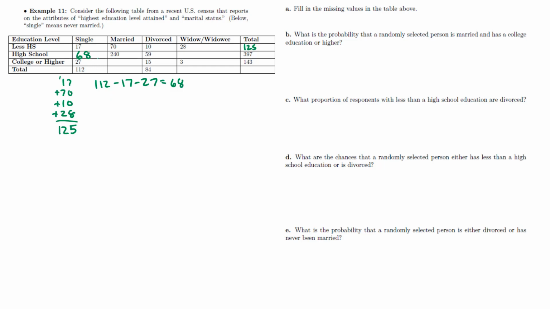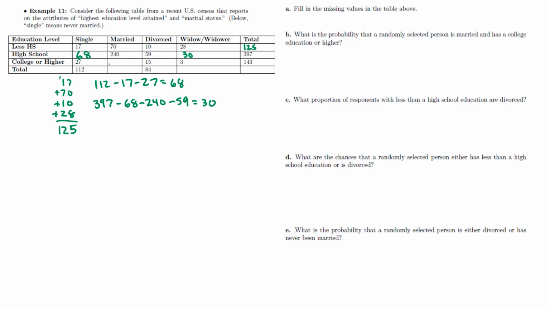All right, now that I filled that 68 in, I can now fill this one in. Take the total of 397 people with a high school education and subtract off 68, subtract off 240, subtract off 59, and what you get there is 30 people left over to be in the widow or widower category.